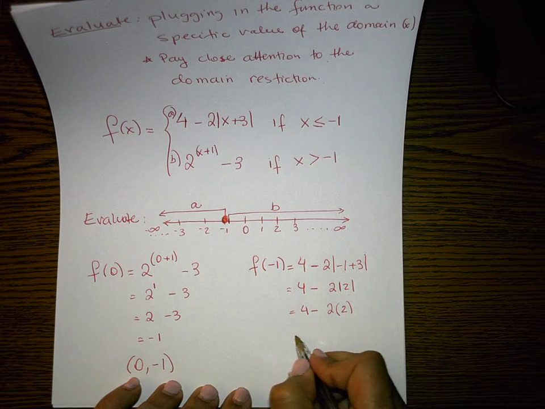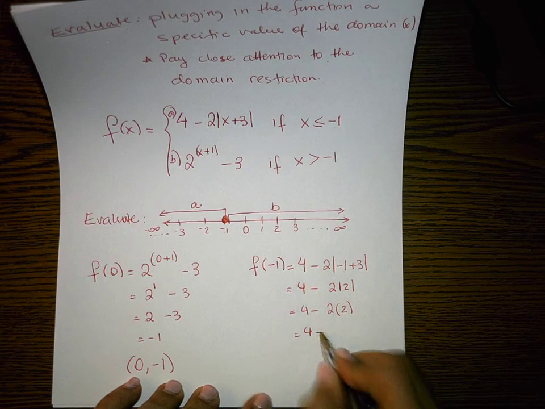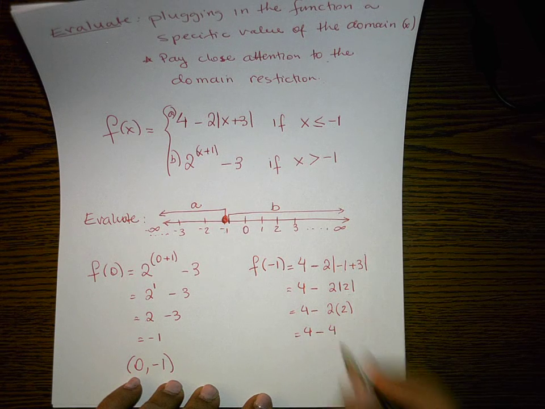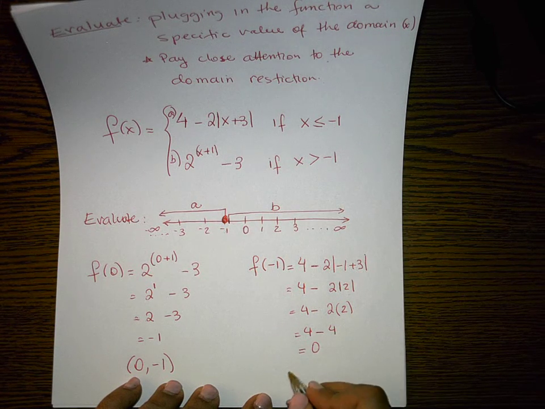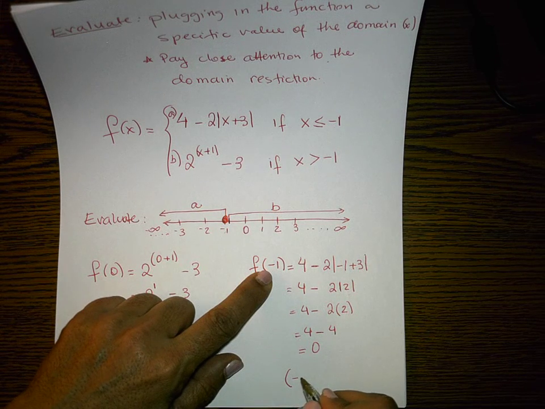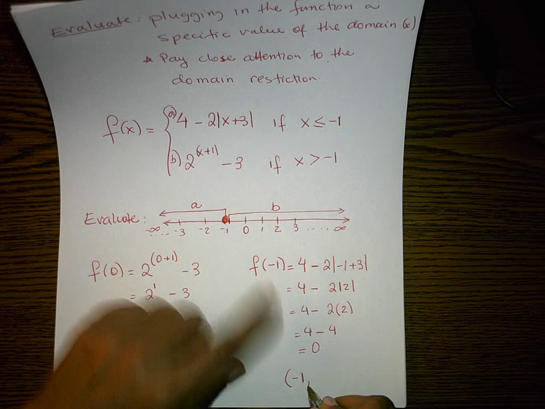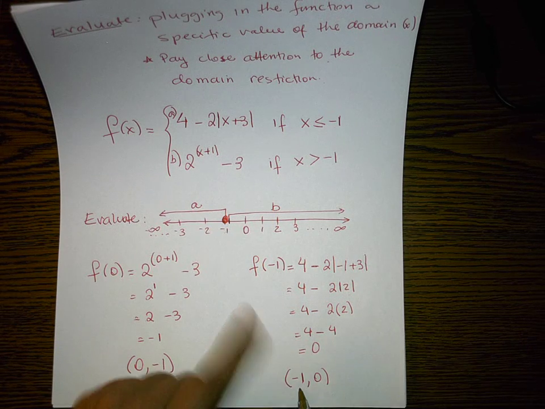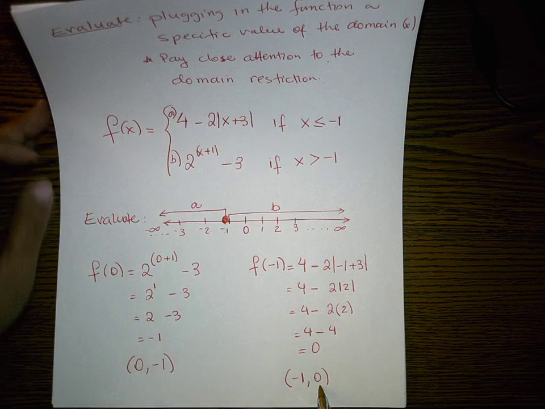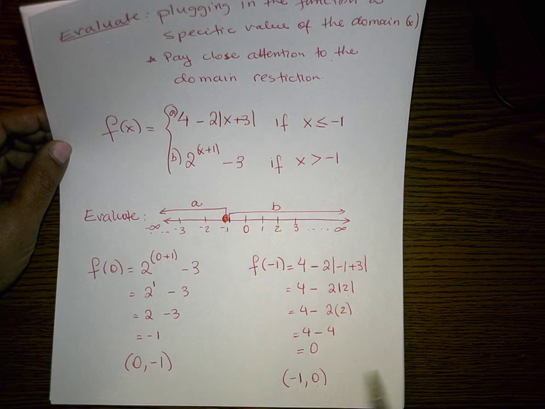And then I continue. 4 minus 2 times 2 is 4, and 4 minus 4 is 0. So I plugged in a -1 and I got a 0 out. So I evaluated my function at -1, I got a 0 out. Okay? So that's what evaluate means.